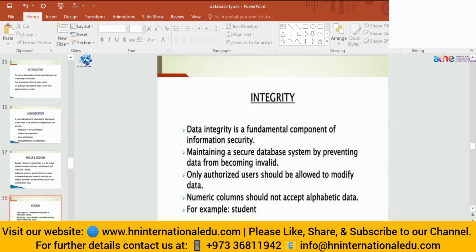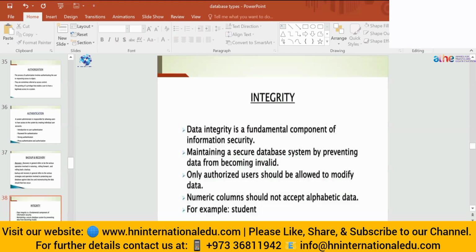For example, let's suppose we have a table of student. In the name of the student, it's obvious that this column attribute will contain alphabets.